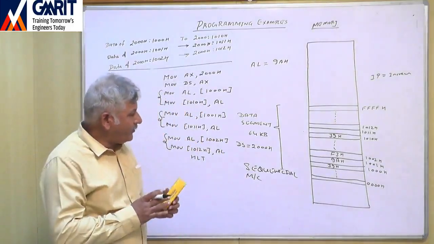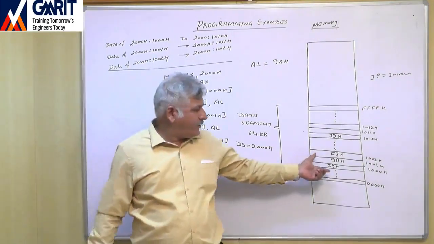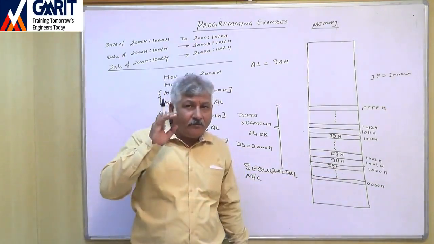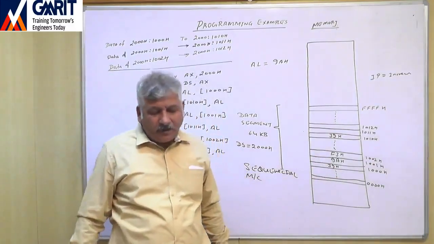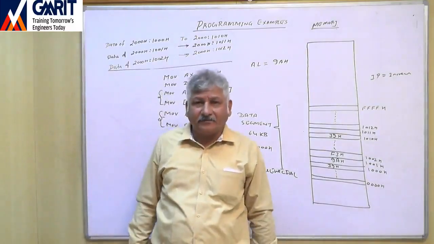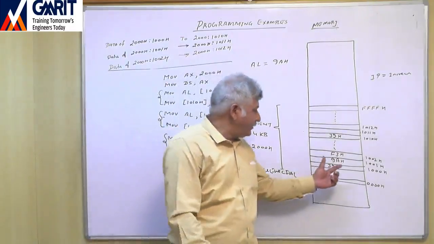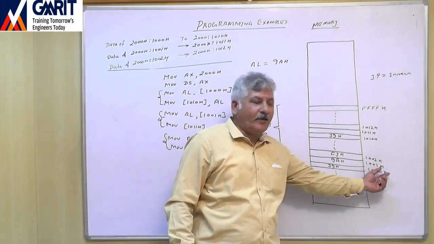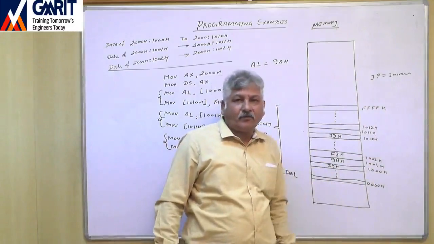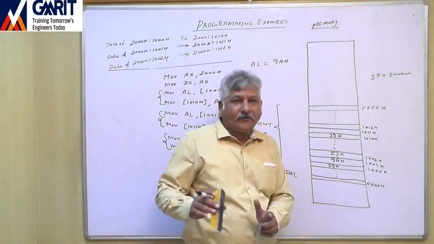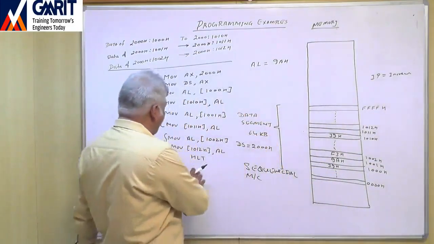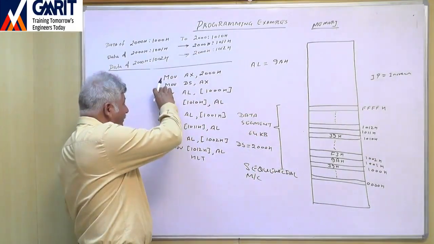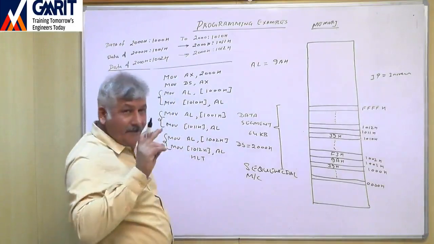If we are transferring 3 bytes, 2 bytes, or 5 bytes, then it is okay. But now assume we want to transfer 100 bytes. There are 100 bytes stored from the offset address 1000 in a sequence and we want to transfer these. If we follow this approach, then these sets of instructions we have to write 100 times.